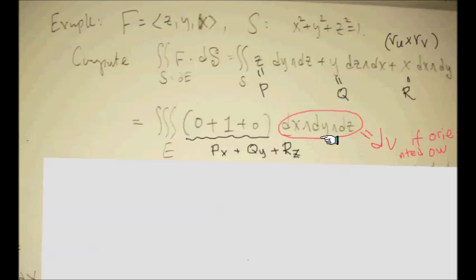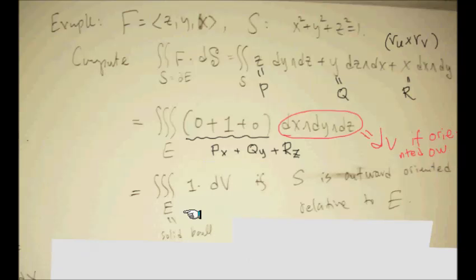So this whole thing is going to be the usual dV for the triple integral, if S is outward oriented relative to E. Okay, so this is a simpler triple integral. Here's a simpler situation: we're computing the triple integral over the solid ball of this constant function 1.